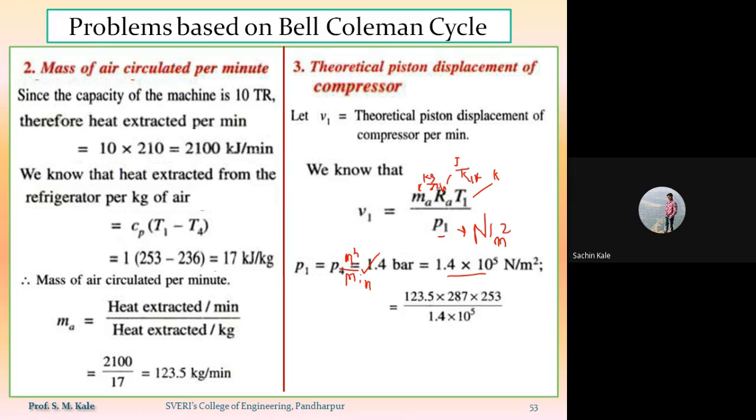Put all those values: the value of mA we know is 123.5 kg per minute. The value of RA in joule per kg Kelvin is 287. The value of T1 in Kelvin we know, and the value of P1 in Newton per meter square. So automatically I will get the value of V1.